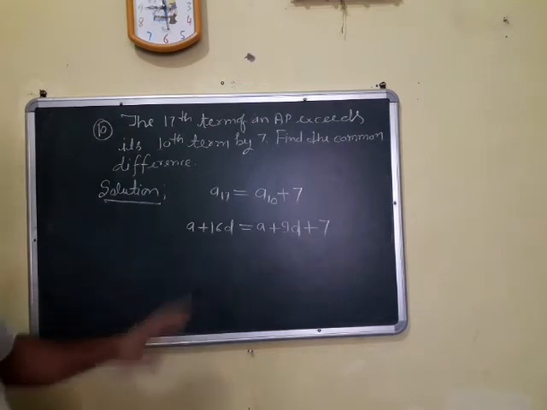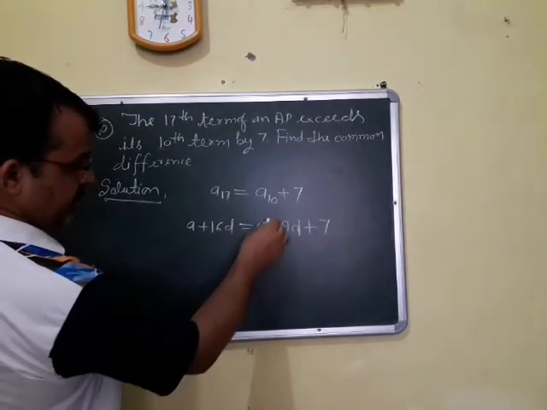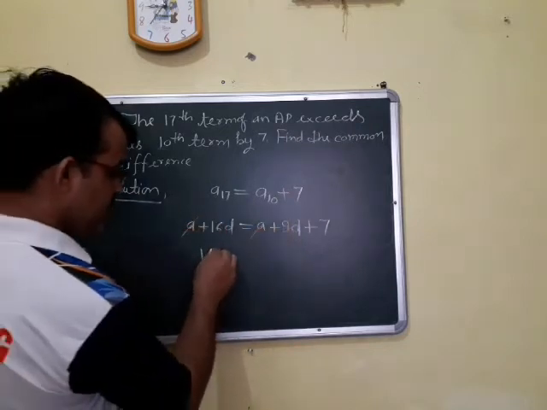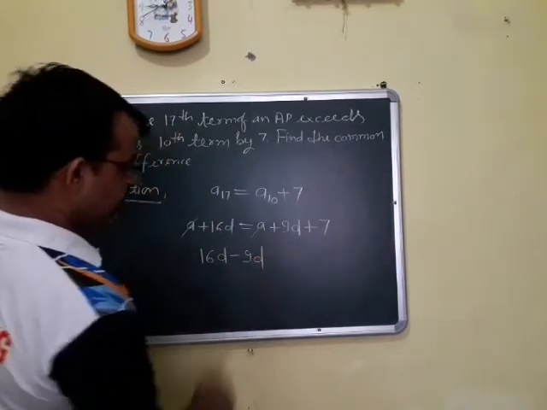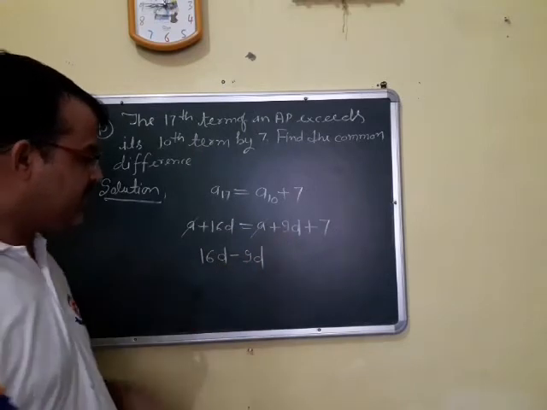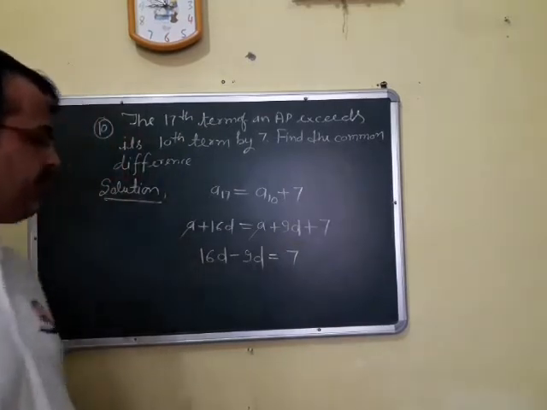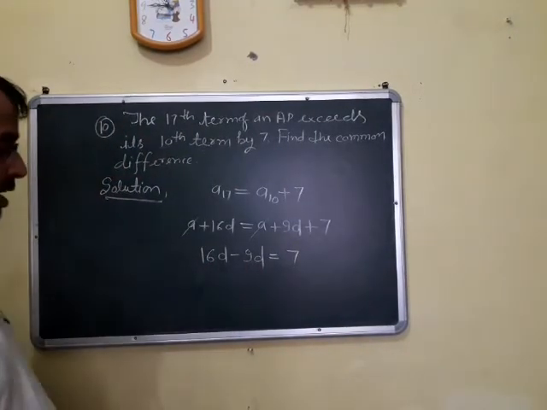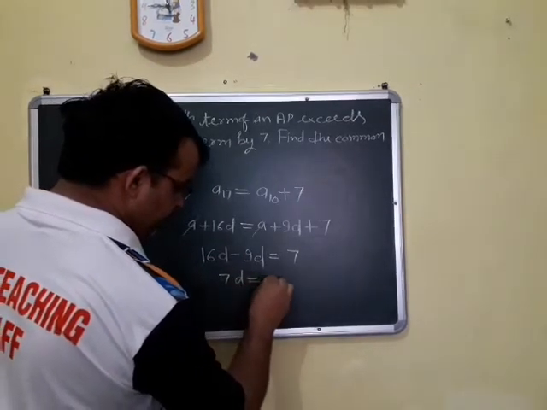So what we get here? Look, A here is A. This term is cancelled now. So what we get here? 16D minus 9D. 16D, this one goes that side as minus 9D, is equal to 7. And 16 minus 9 we get 7. 7D is equal to 7.